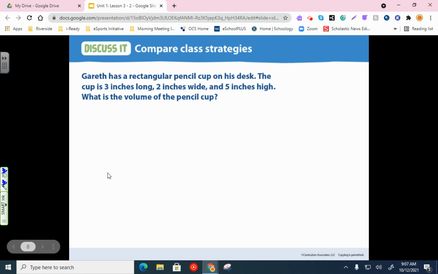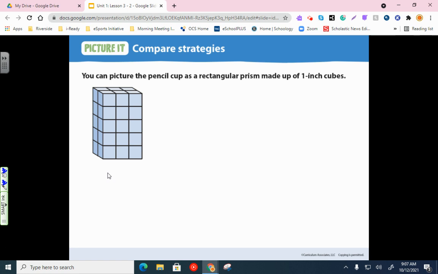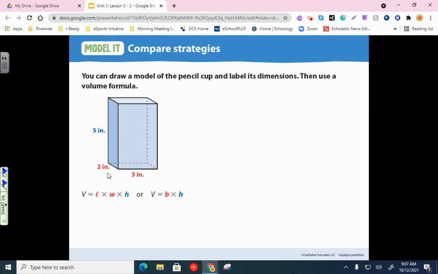All right, go ahead and turn the page. So this just talks about 2 different strategies. You can picture the pencil cup as a rectangular prism. You could take that and then just make a vision of it being formed with cubes and count up the cubes in your head. The way we did it is we actually had a model of it, and then we took our 3 dimensions and did that.